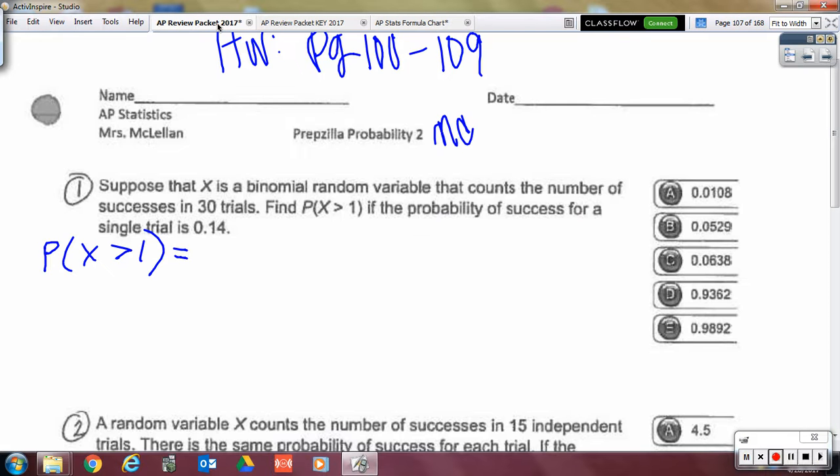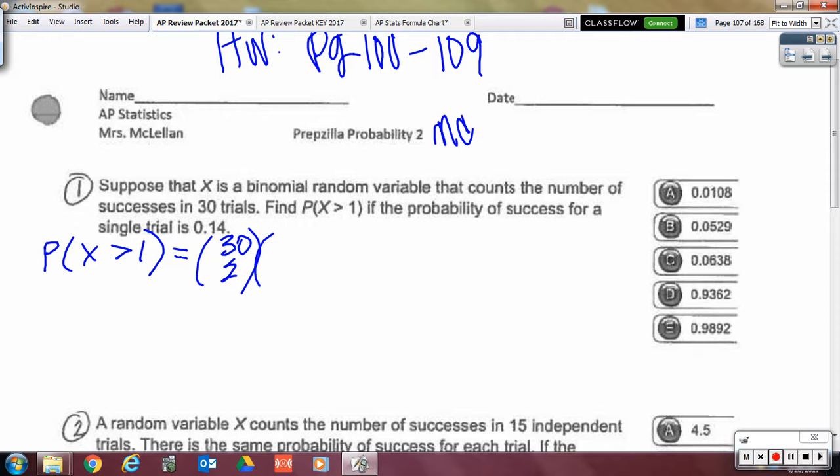So if I want to go greater than 1, what's the lower amount of successes that I need? How many? 2. Good. So my first in my sequence is 30 choose 2 successes. No fraction bar there. 30 choose 2 successes.